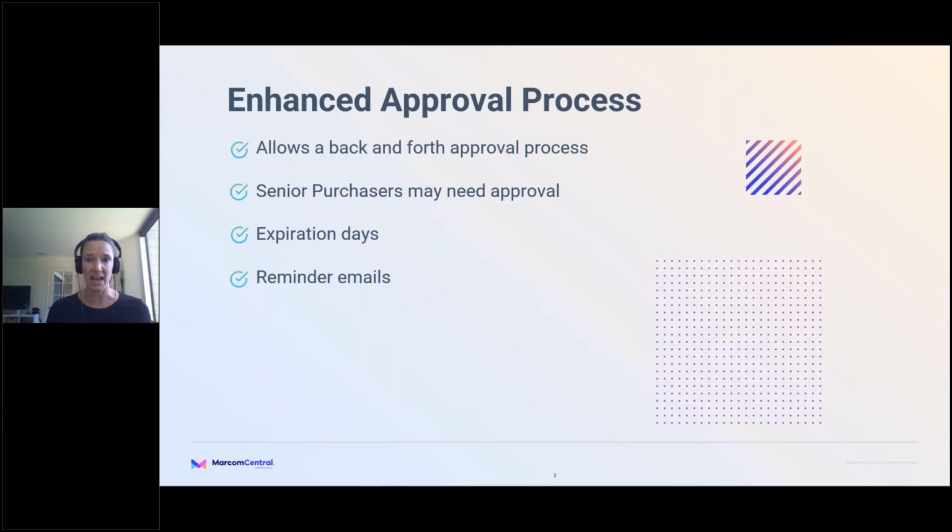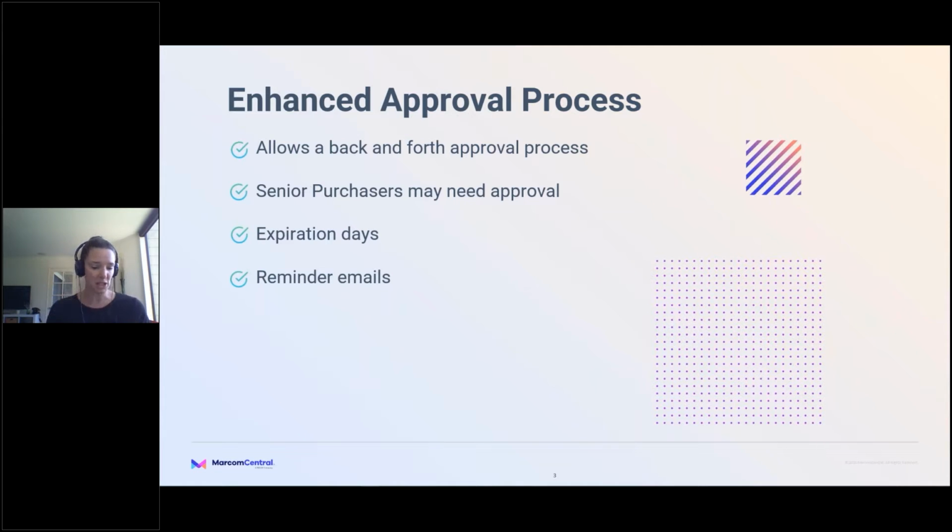That's the difference with enhanced, okay? So the enhanced process does, in certain cases, allow for the senior purchaser that is trying to order something to have to have approval. So if you have that situation, then the enhanced approval process is really great for you. So just know that senior purchasers can be a part of that.